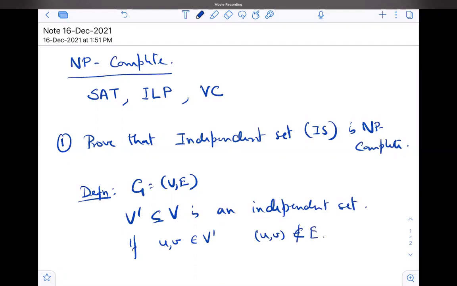So any two vertices that you pick should not have an edge between them.